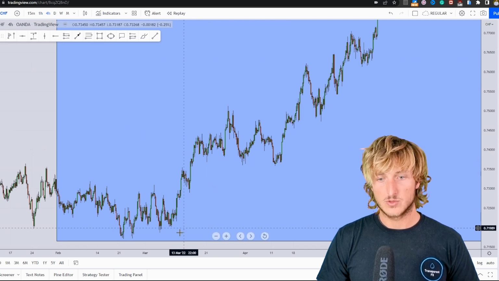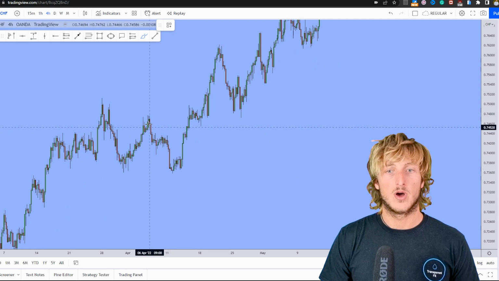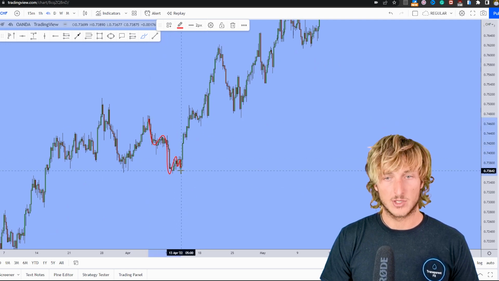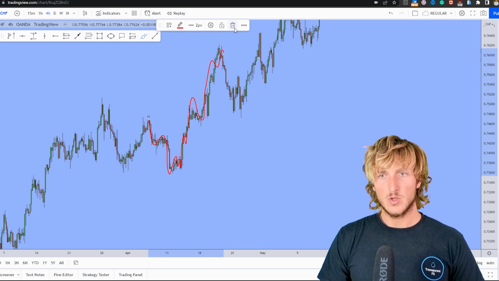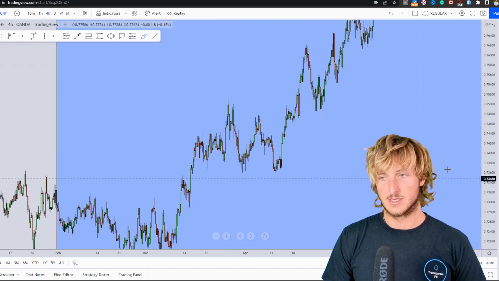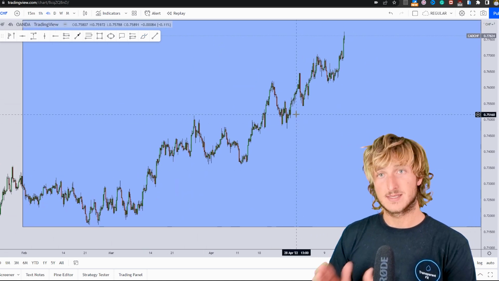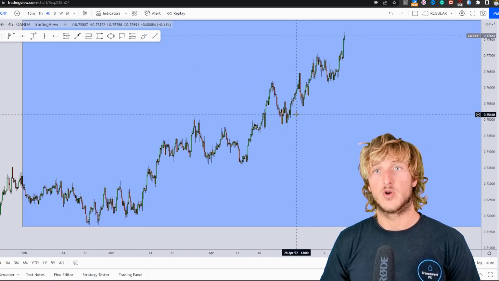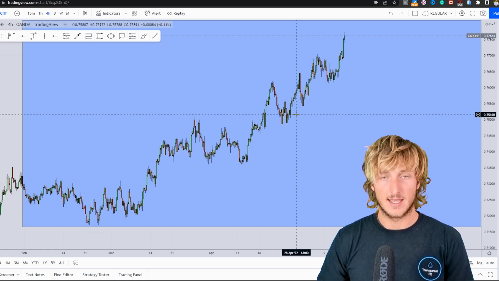Now here in the 4 hours, we can see how clear this shift is from an intraday bearish to an intraday bullish market. We can see that we had countless downtrends and uptrends created in sync with what we had from a higher time frame perspective, so monthly, weekly, and daily.